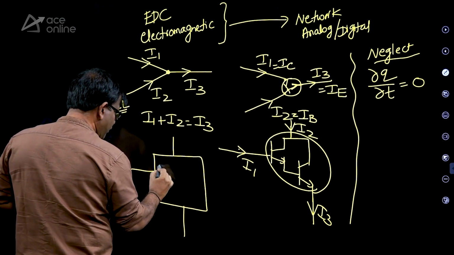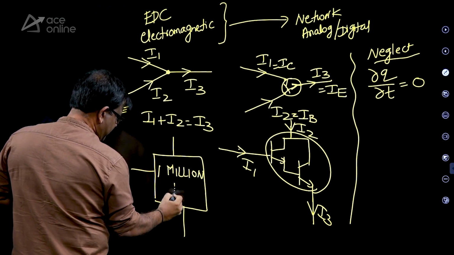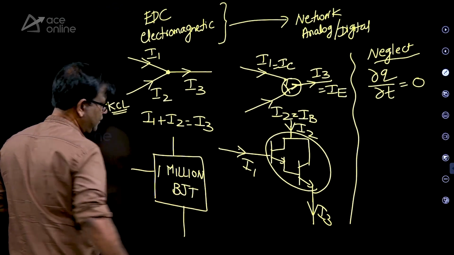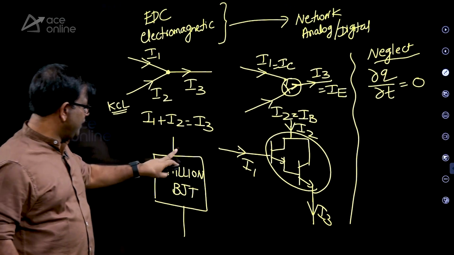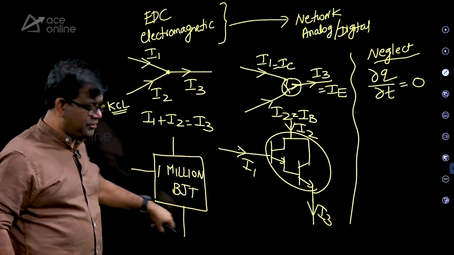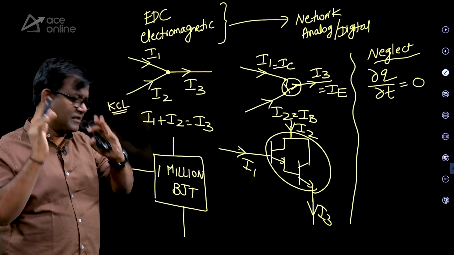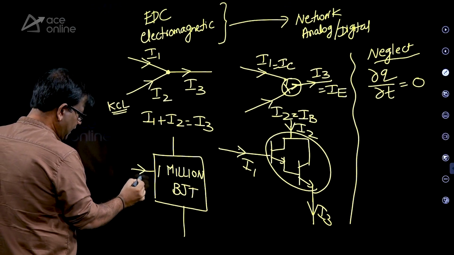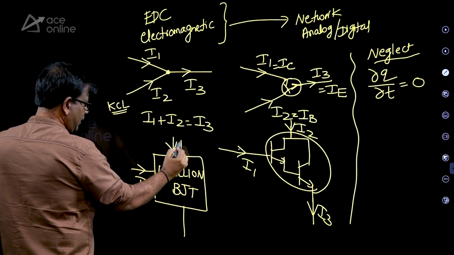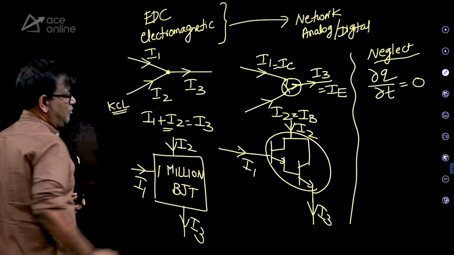So you can have 1 million BJTs inside, right? So there are a million BJTs inside, and you have chosen the whole digital board or the analog board as a black box, and this becomes the current entering, and this becomes the current leaving, and the KCL holds good.